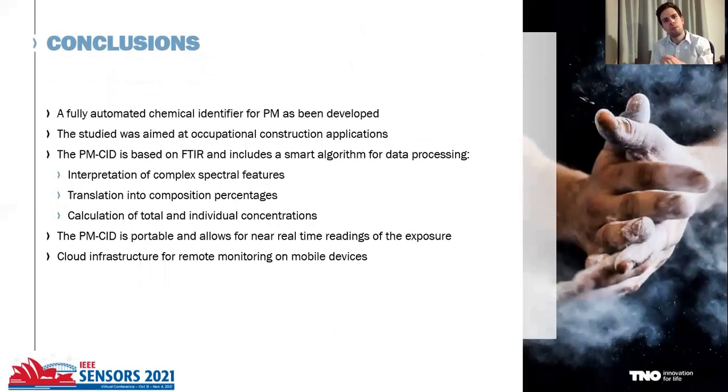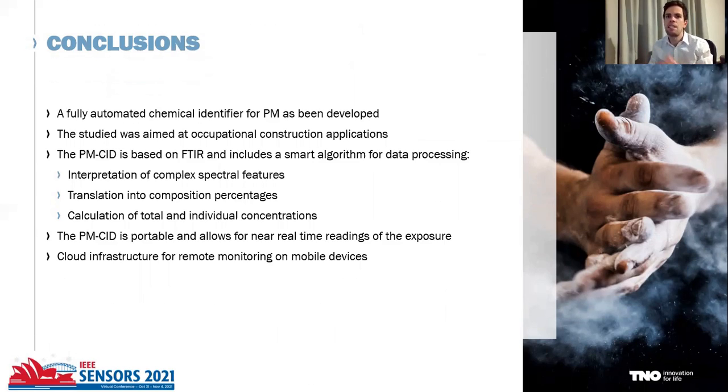Wrapping up, we have drawn the following conclusions out of this study. A fully automated chemical identifier for particulate matter has successfully been developed based on the occupational exposure study case.